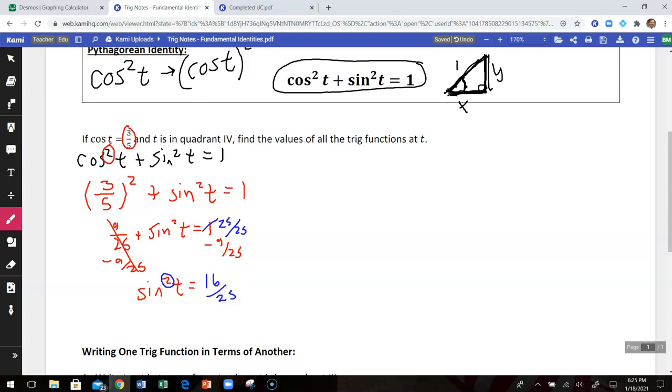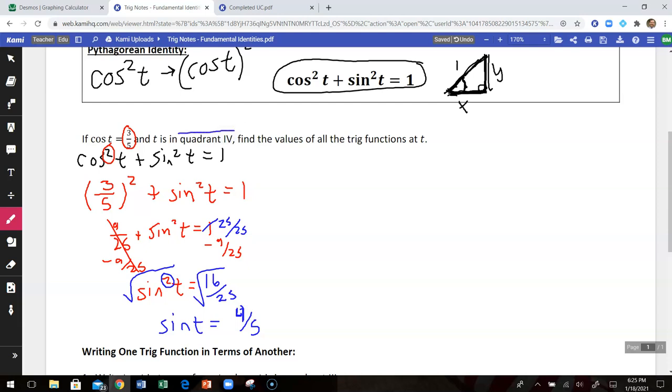And then I need to get rid of my square, so I'm going to take the square root of both sides. That's going to give me that the sine of the angle t is equal to 4/5 or possibly negative 4/5. So how do I know which one it is?